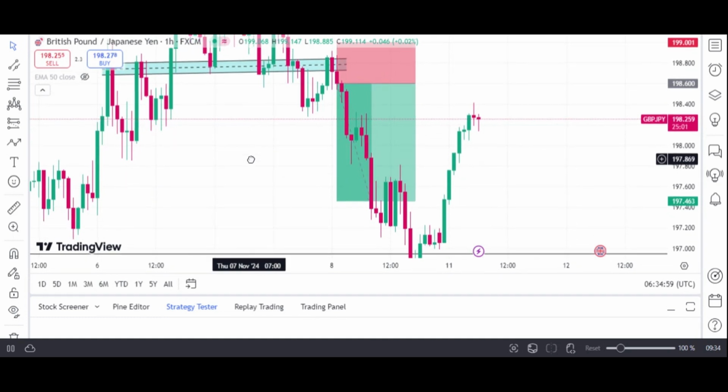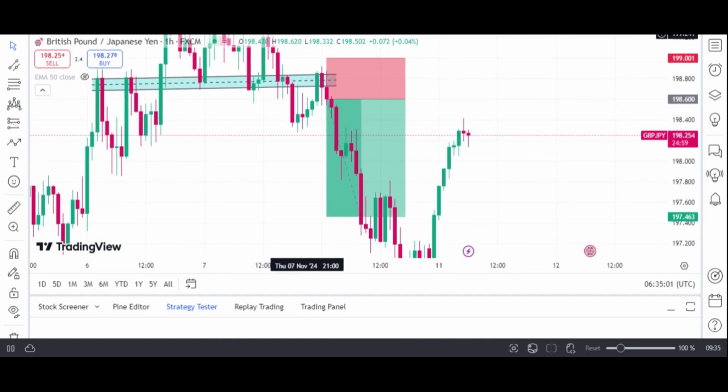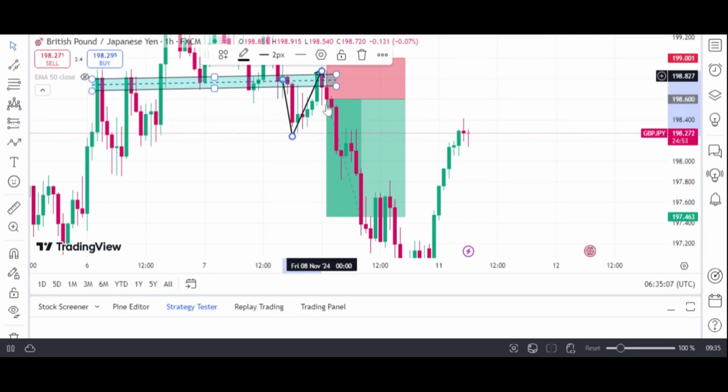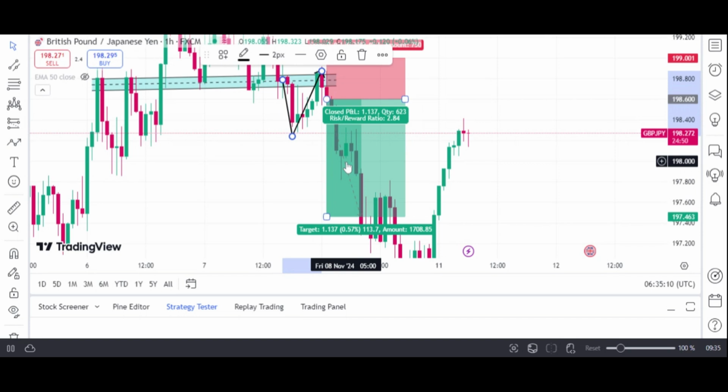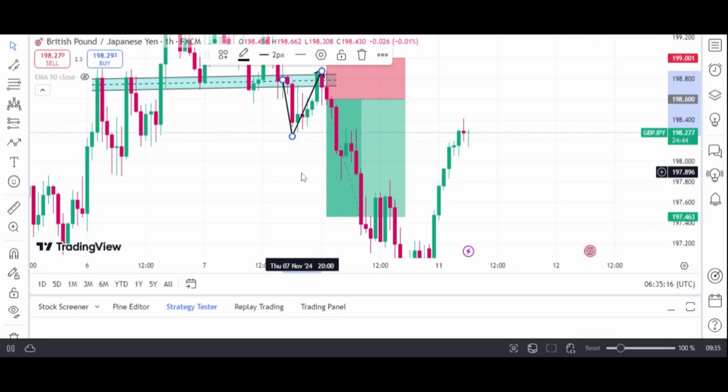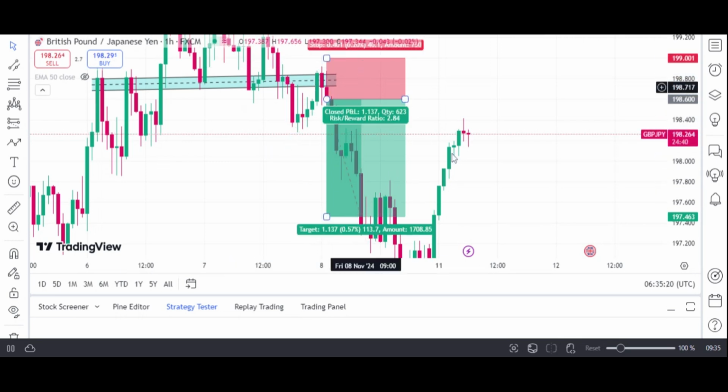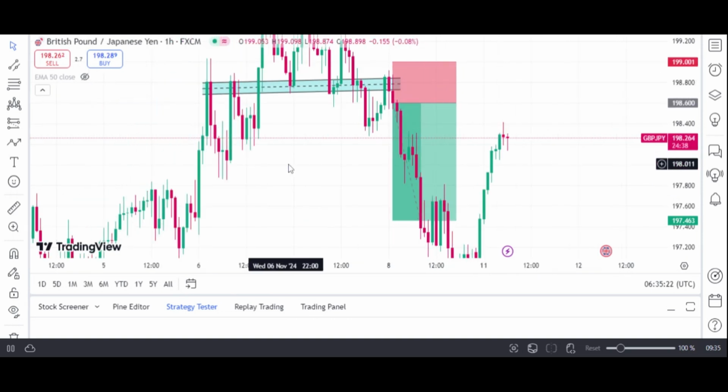And major news doesn't happen all the time. So at one point, the moment our market breaks toward the downside, it comes up again. So it has the chance of creating higher highs and higher lows. And that is why at the end of the day, you realize the market has been going up and down because we have sellers in the market.